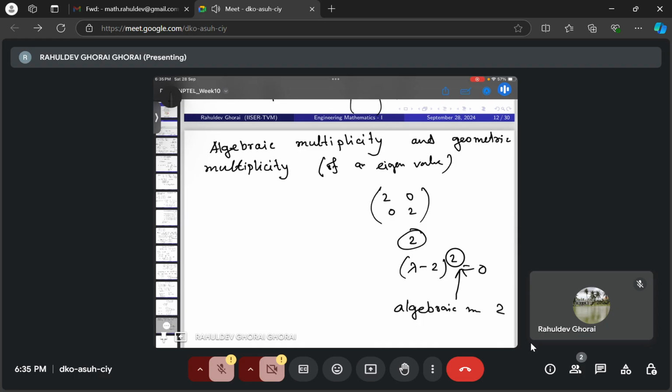Algebraic multiplicity is the highest power in the factorization of the characteristic equation.